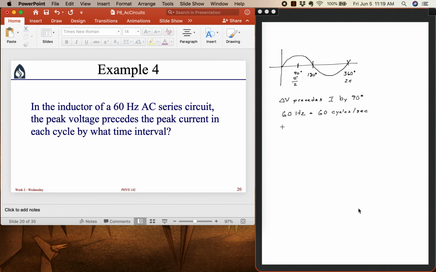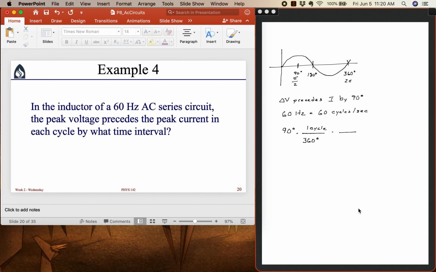So we know that one precedes the other by 90 degrees, and according to our graph, if we have 360 degrees, that's equivalent to one cycle. So a full 360 degrees is one complete sine wave, one cycle.